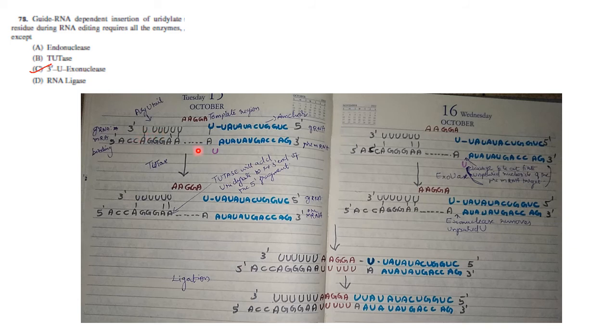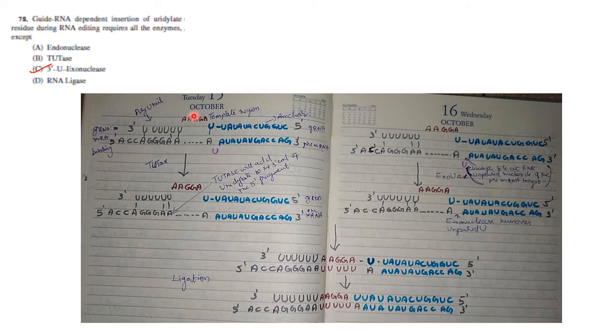So this is the mRNA, that is the target. This is the gRNA. This is the anchor region of gRNA that binds to the 3' end of the pre-mRNA. This is followed by binding of the gRNA poly-U tail to the mRNA A region, mRNA poly-A tail. So it will bind over there.